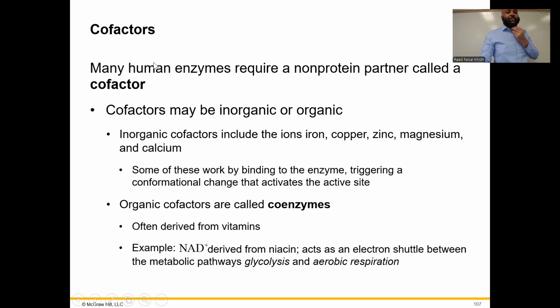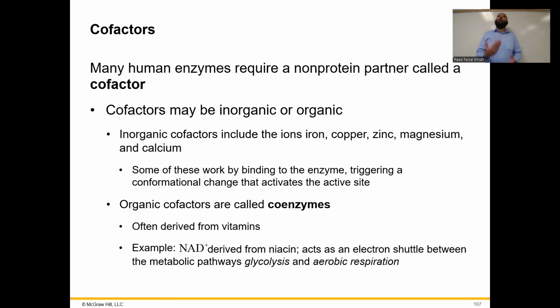Enzymes have cofactors, that are accessories. They are accessory and auxiliary. They help the function of the enzyme. So many human enzymes require a non-protein partner called a cofactor. So cofactors may be inorganic or organic. Inorganic cofactors, an example of that would be iron.